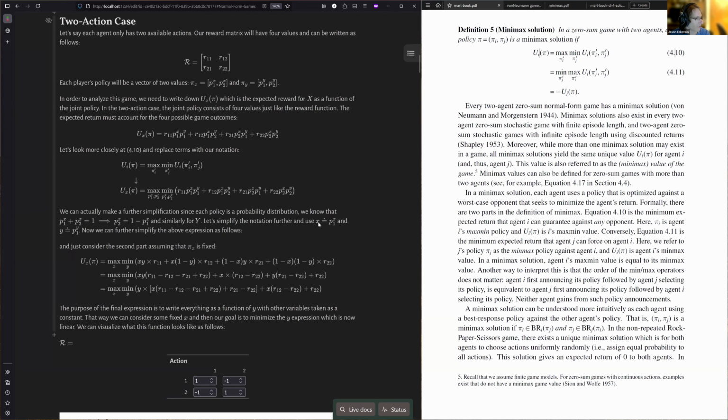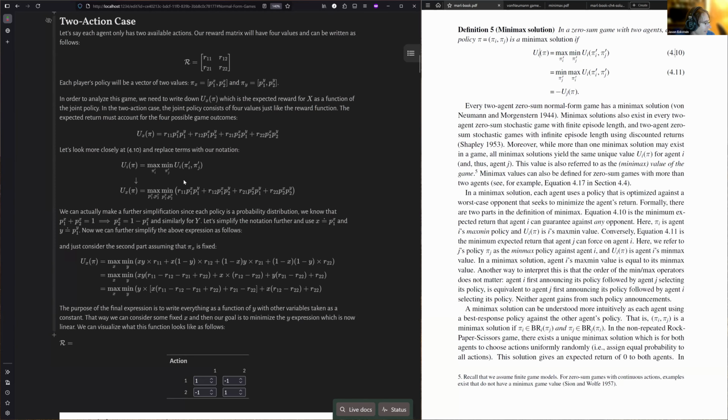So this lowercase x will just mean the probability that agent x selects action 1, and similarly for y. So now this max min, we only have to do it over one variable instead of two, because the value of the other is implied by the first one.